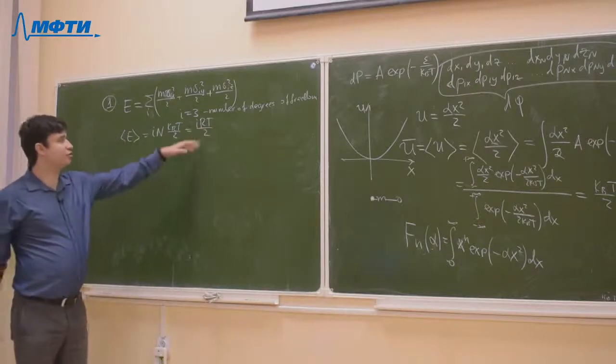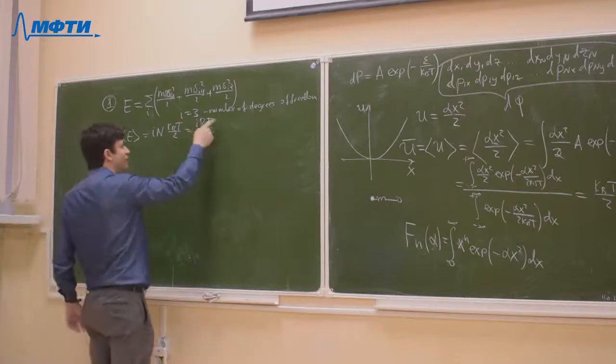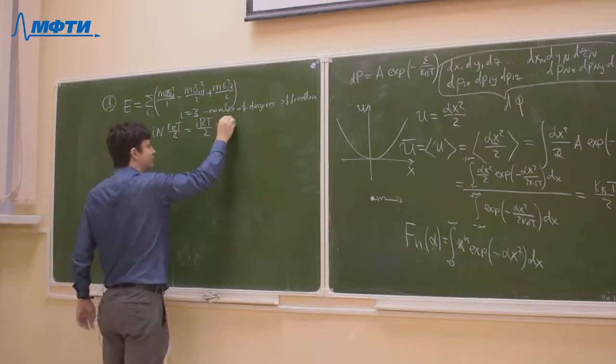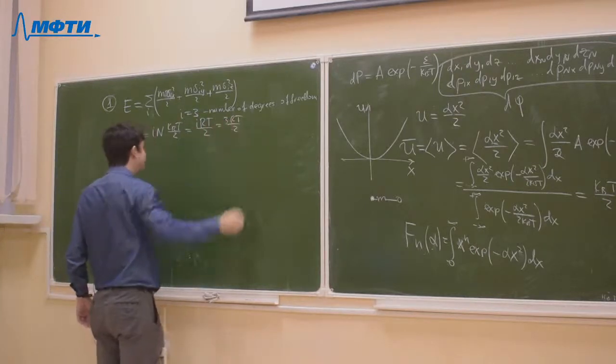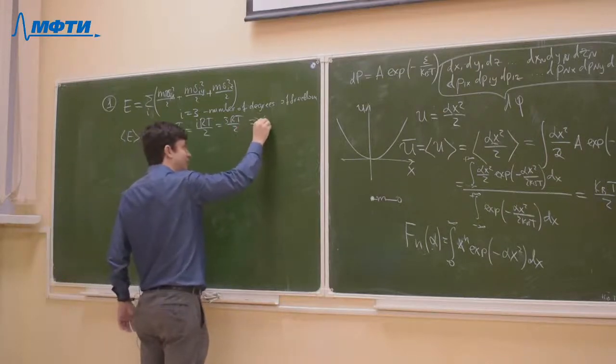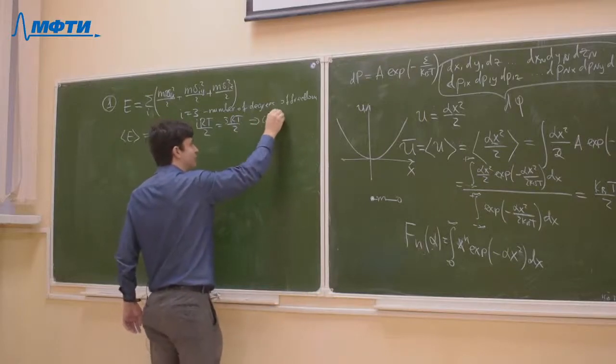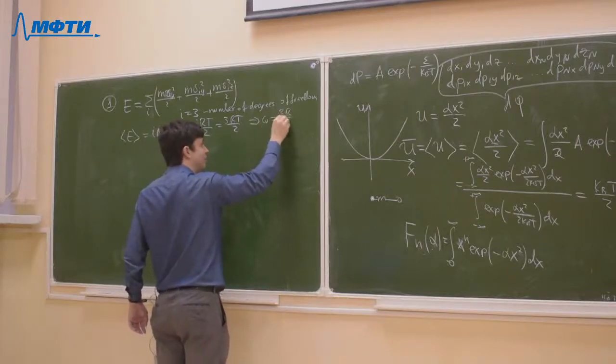And I can shorten this expression a bit to i RT over 2, where i being equal to 3 gives me 3RT over 2. So from this expression, I can immediately infer that the molar heat capacity of our gas equals 3R over 2 at a constant volume.